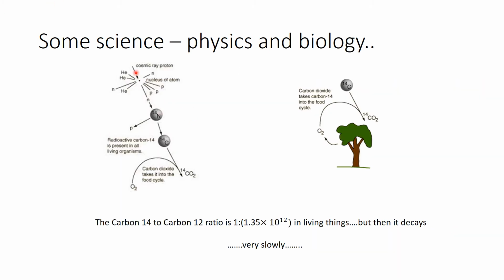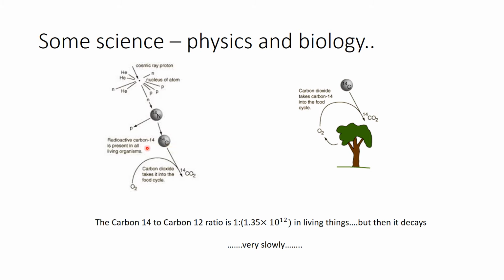He found that cosmic ray protons, helium atoms, would strike the nucleus of atoms in the atmosphere, discharging a neutron, which would collide with an abundant element, nitrogen, ejecting a proton, causing this nitrogen to morph into carbon-14 rather than carbon-12.